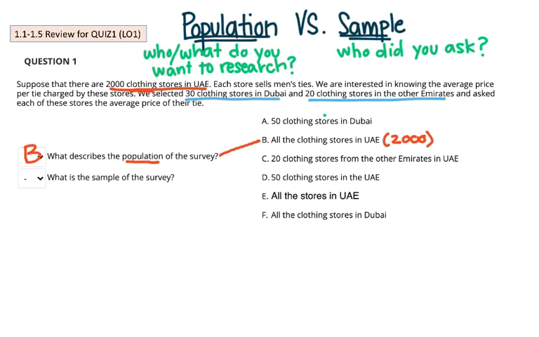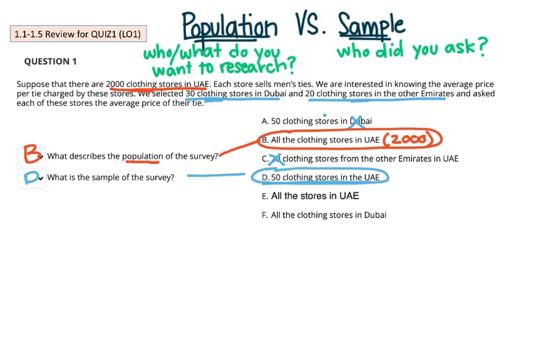Okay, who did we ask? We asked 30 stores in Dubai and 20 stores in the other Emirates. They're both clothing stores, so they're not all in Dubai. It's not just the 20 stores in the other Emirates. It's 50 clothing stores in the UAE. Okay.